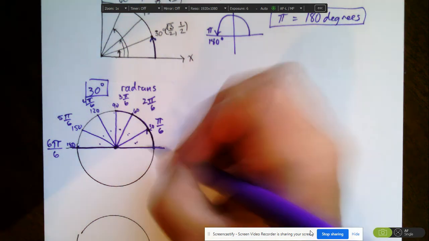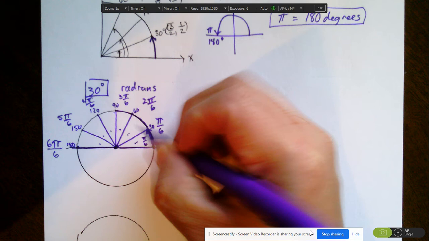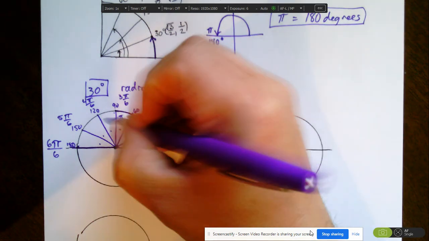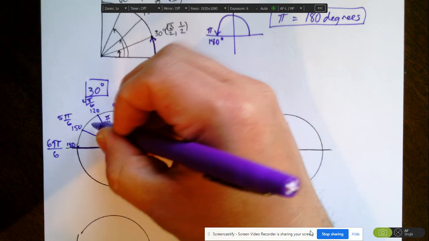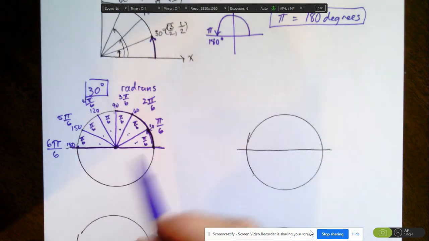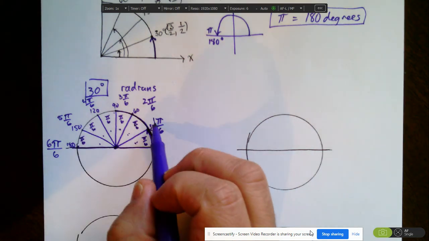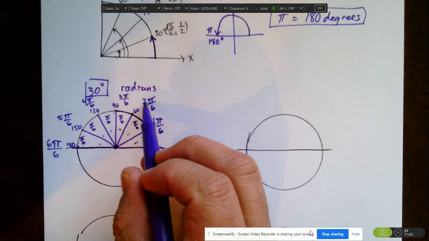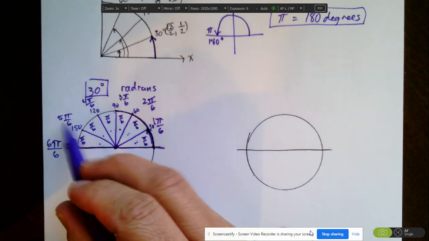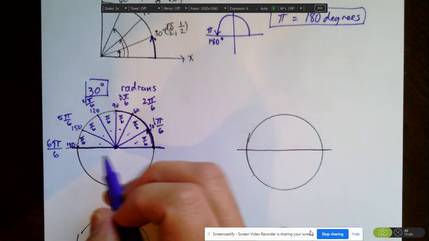You can think of each one of these as pi over 6, pi over 6, pi over 6, and you're just counting how many there are around. So it's going to be 1 pi over 6, 2 pi over 6, 3, 4, 5, 6 pi over 6.